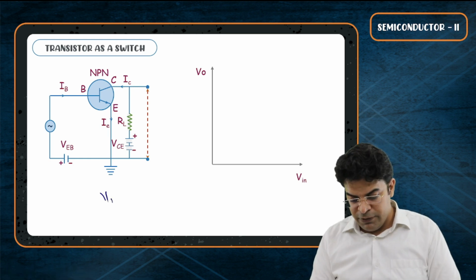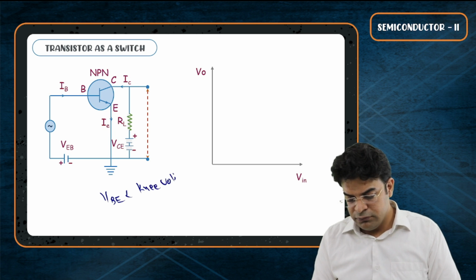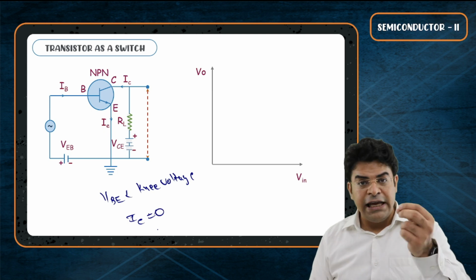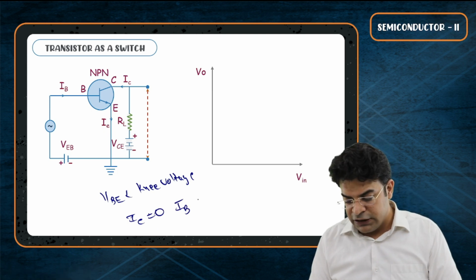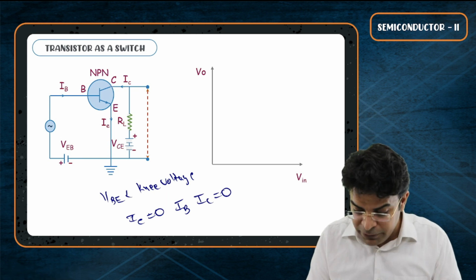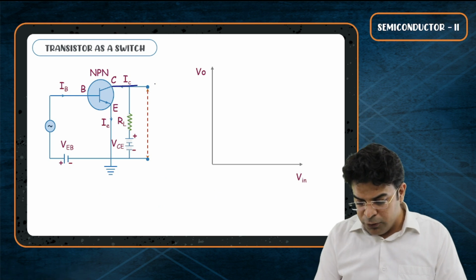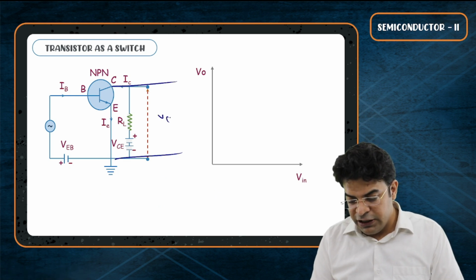So if VBE is less than knee voltage, we know that IE will be 0. As IE will be 0, both IB as well as IC will be 0. As IC will be 0, what will be the value of output potential? So you can say that the output potential here is nothing but VCE minus ICRL.